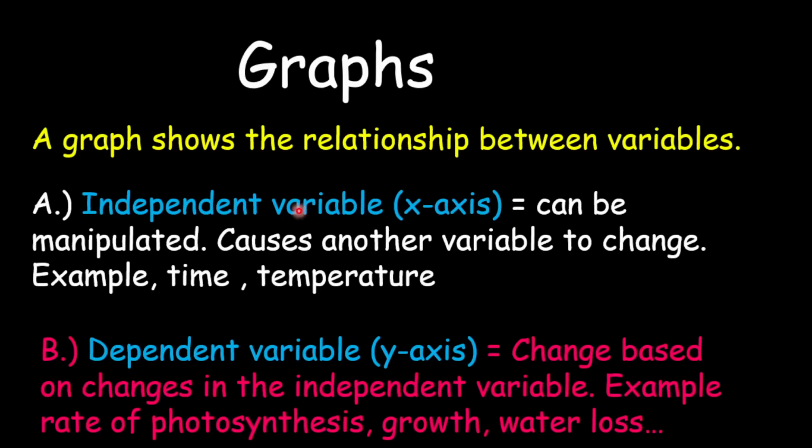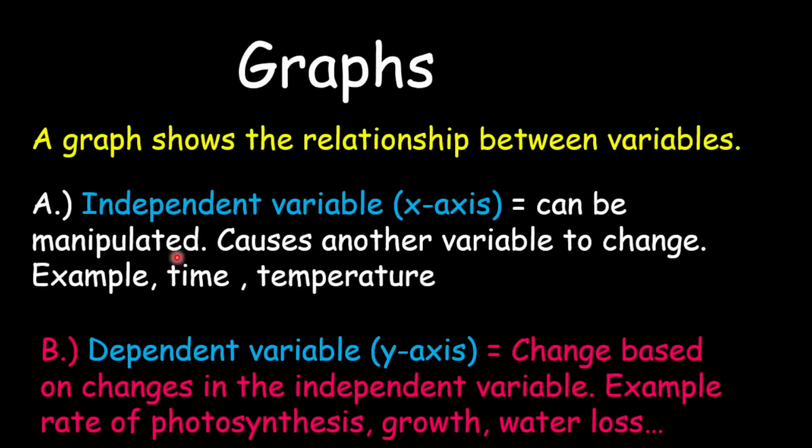First one, independent variable, must be placed on the x-axis. Again, independent variable, as the word suggests, stands on its own. Nothing will affect it, but it can affect other things. This is a variable that can be manipulated. That means when you are doing an experiment, you can manually change this type of variable.